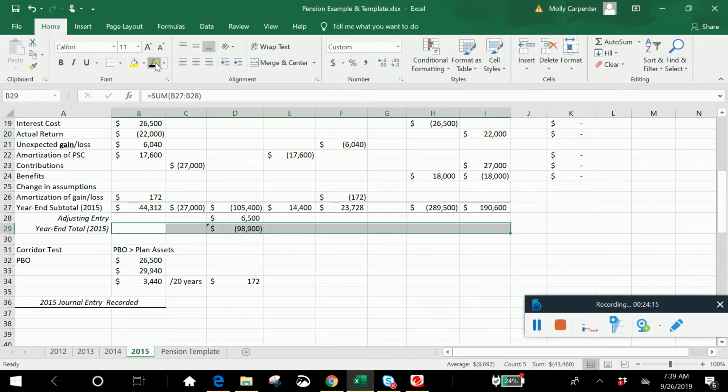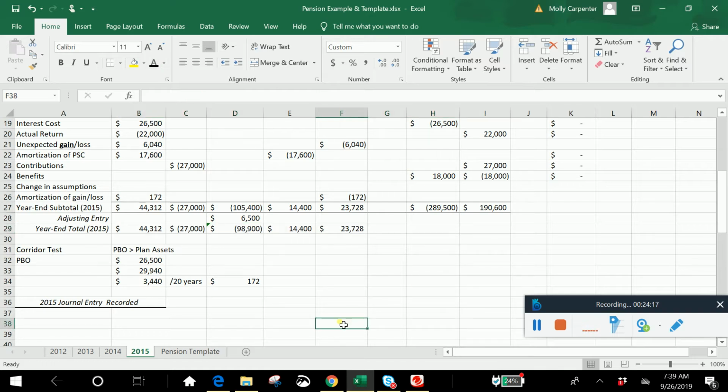Going to bring across the rest of my numbers. So what I'm going to have here is a debit to pension expense of $44,312, a credit to cash of $27,000, a debit to pension liability of $6,500 because I'm reducing my liability.